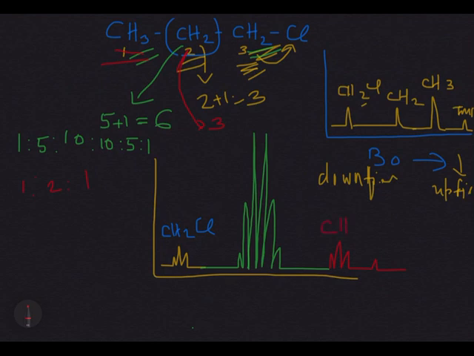This is the signal for CH3, this is the signal for the middle CH2, and initially we have the signal for the CH2Cl. So this is the NMR spectrum of the compound CH3, CH2, CH2Cl based on spin-spin splitting.